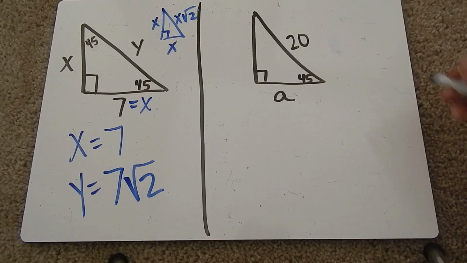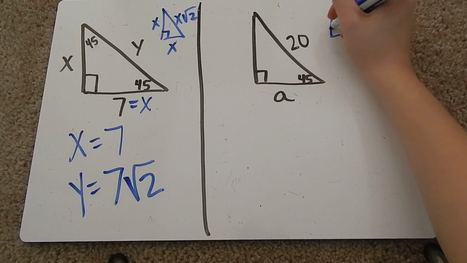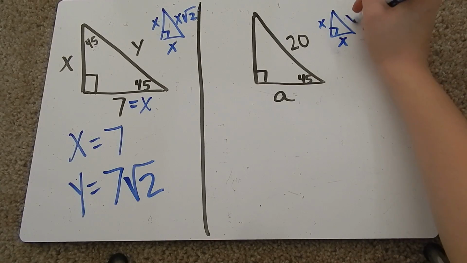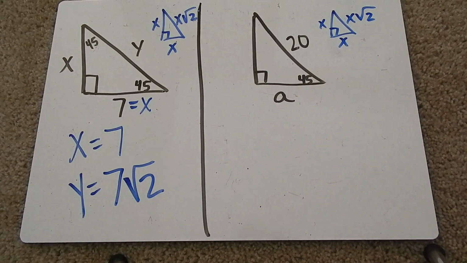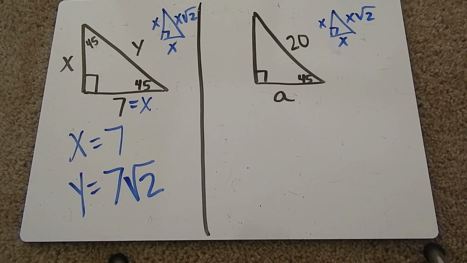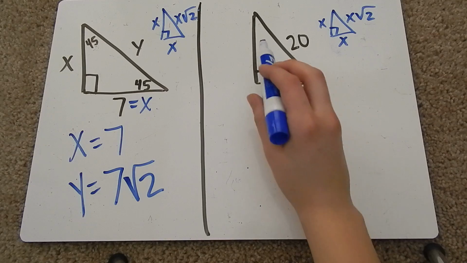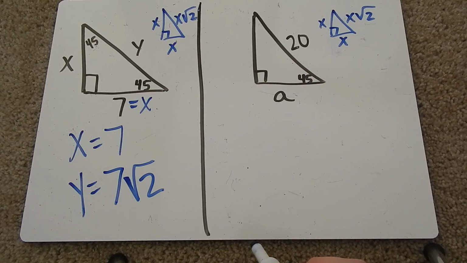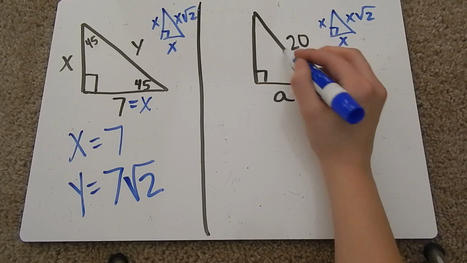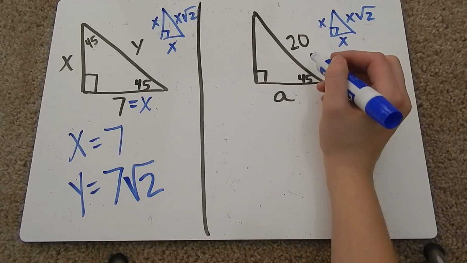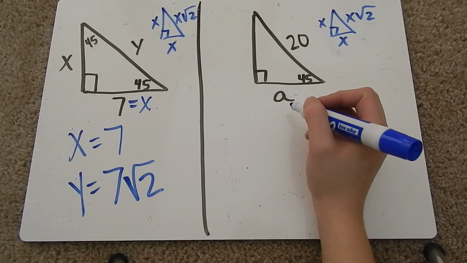So we have our pattern, x, x, x square root of 2. And if you notice, I didn't go over this, but both of these triangles are 45, 45, 90. That's the only reason I can use the pattern. Here I'm given this value, the hypotenuse, and I'm trying to find a side.